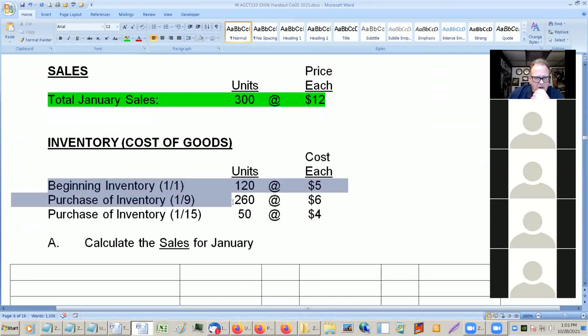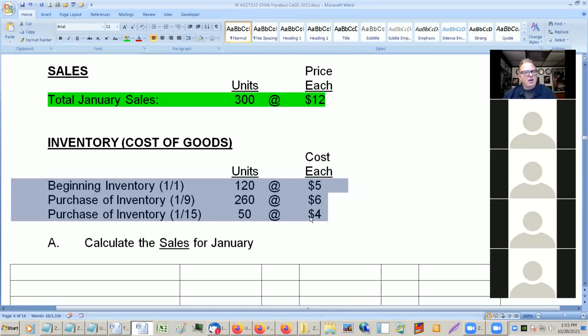This is the tricky part. The question becomes, which ones did you sell? And it's going to make a difference on your income, and it's going to make a difference on your ending inventory. So I will be as quiet as I can be, and see if you can figure that out.